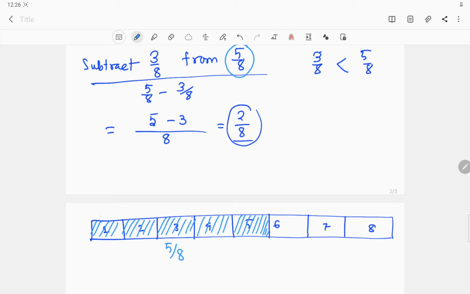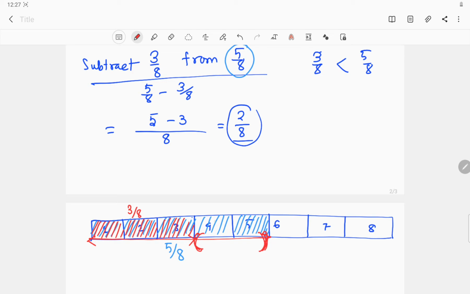If I eliminate the first three parts, which I am coloring red, it will be 3 by 8. So from 5 by 8 I want to remove this part, 3 by 8. Now what is the left part?